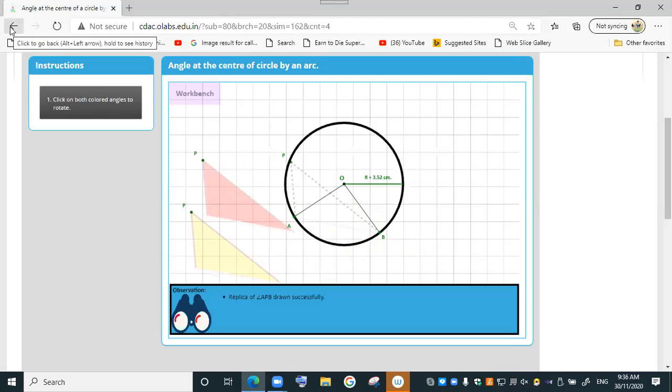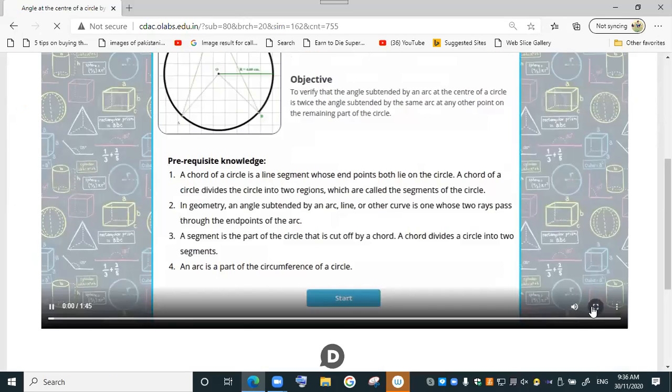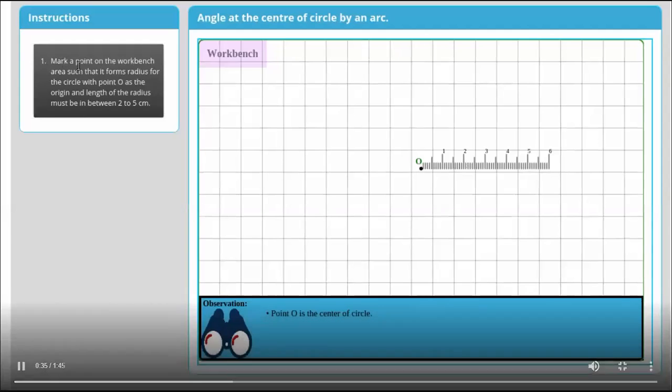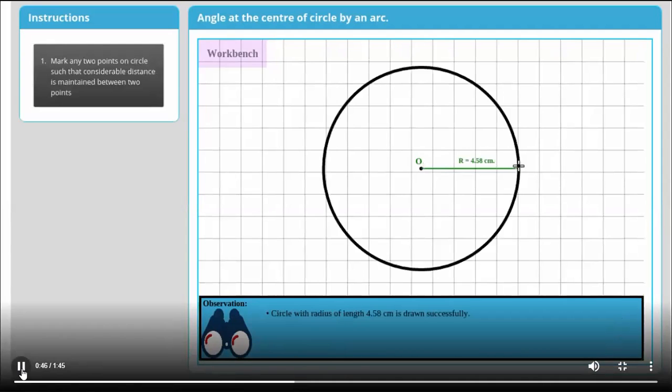You can go back to the demo. This is the same thing.